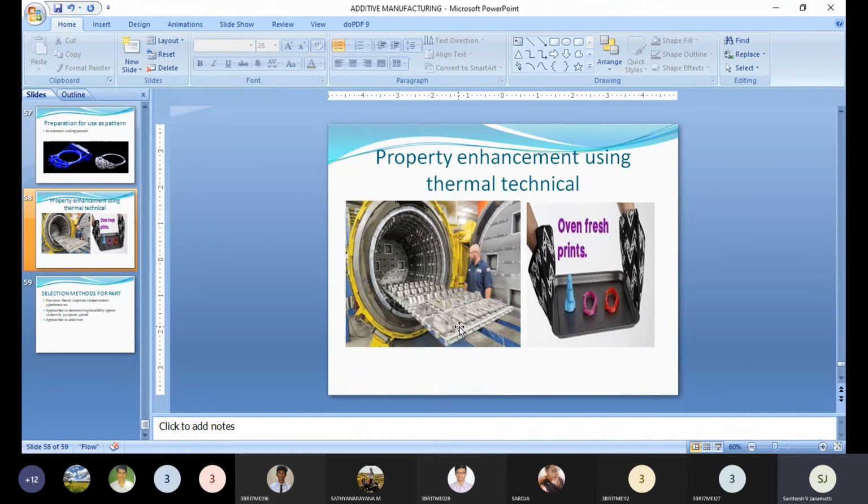All these 7 post processing methods are not needed all the time. Sometimes we have 3D technologies and 3D machines where we never look into post processing for the produced 3D product. We can get such products from those machines. We have those kinds of machines also. This post processing is not for all the time.